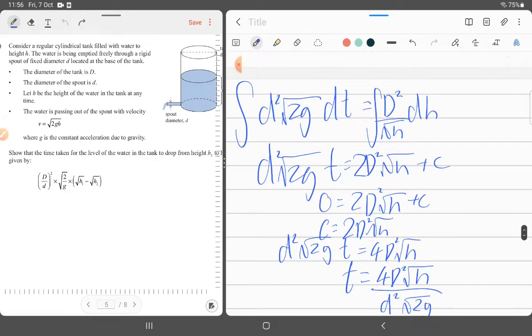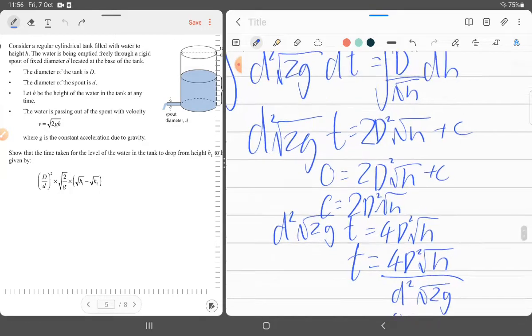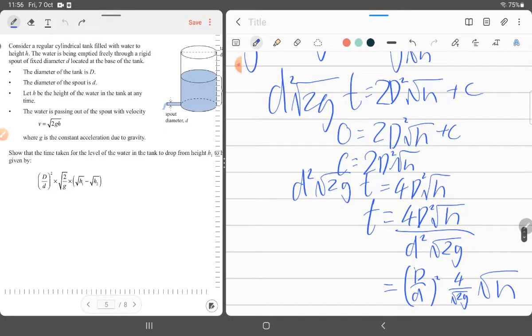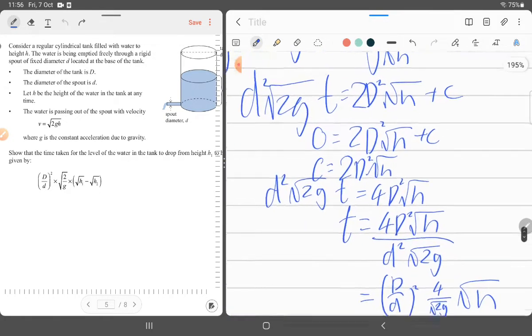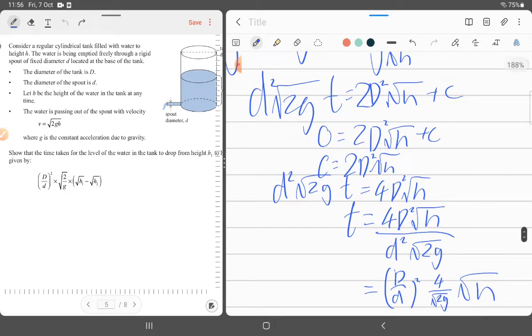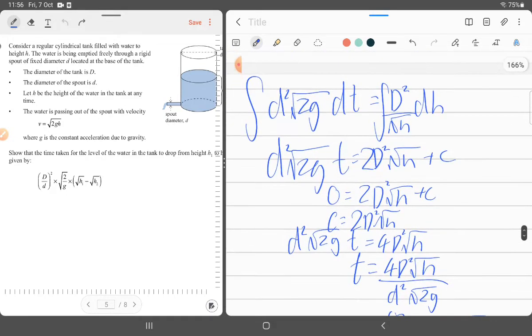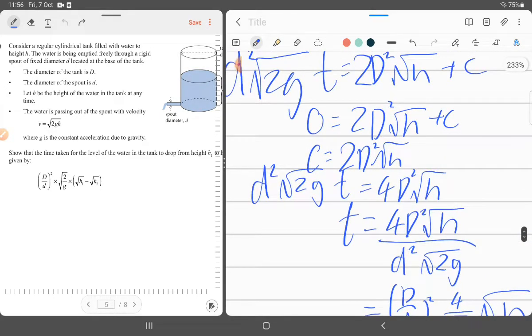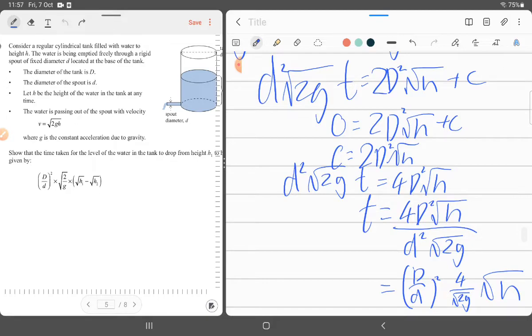Square root 2G, and that's 2D squared plus... Oh wait, C is equal to... Is C negative 2D squared, right?